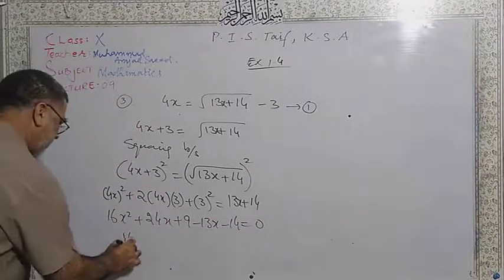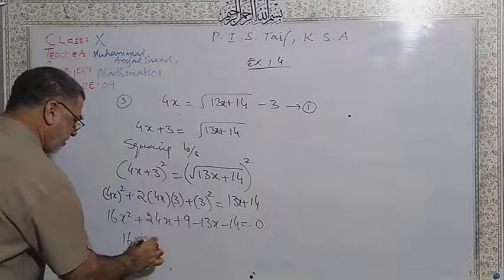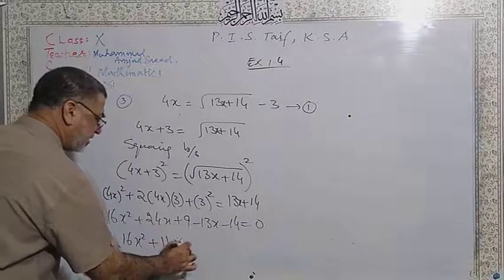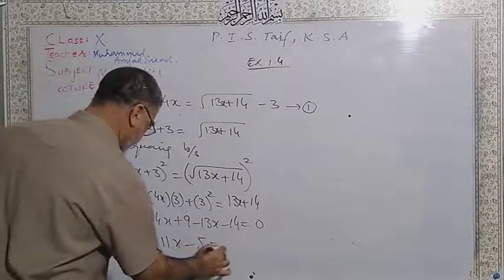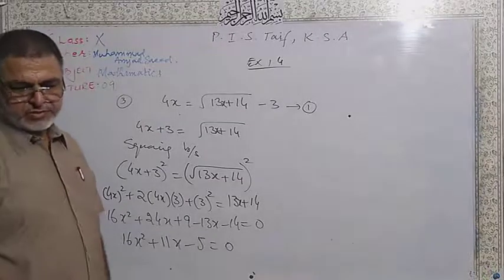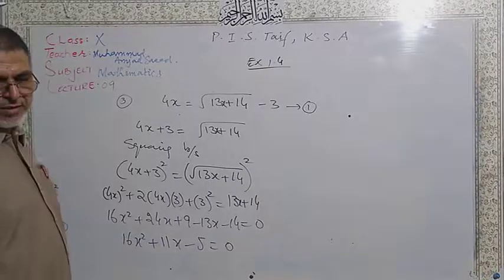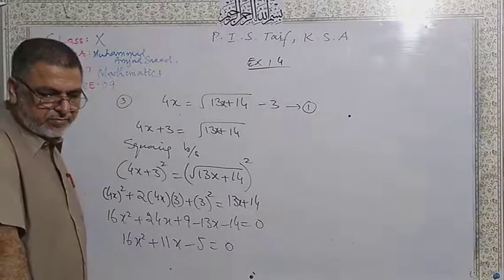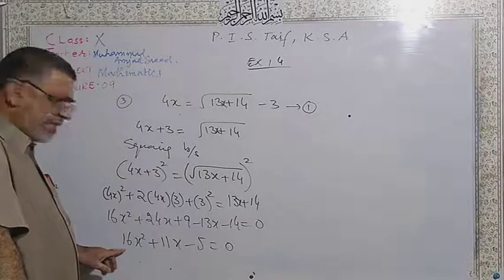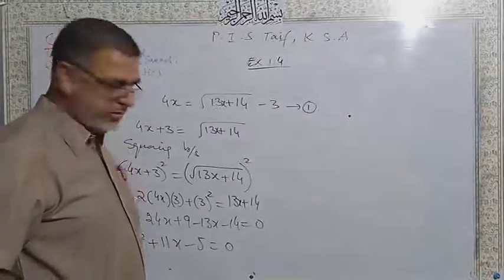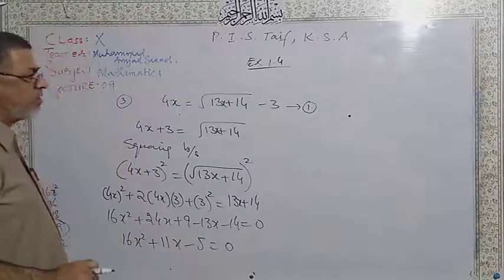So we have 16x square plus 11x minus 5 is equal to 0. So A is equal to 16, B is equal to 11 and C is equal to minus 5.